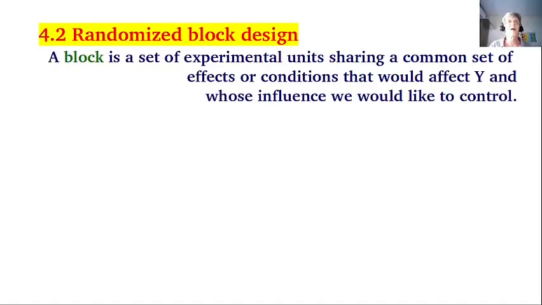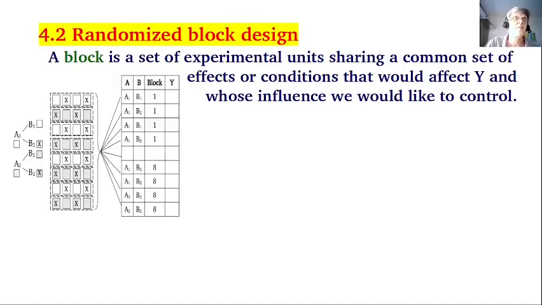The second design is the randomized block design. Here, a block is a set of experimental units sharing a common set of effective conditions that we know beforehand would affect the response variable and whose influence, therefore, we would like to quantify and control.